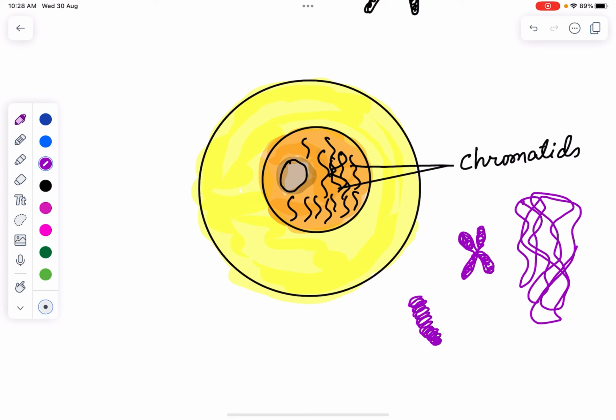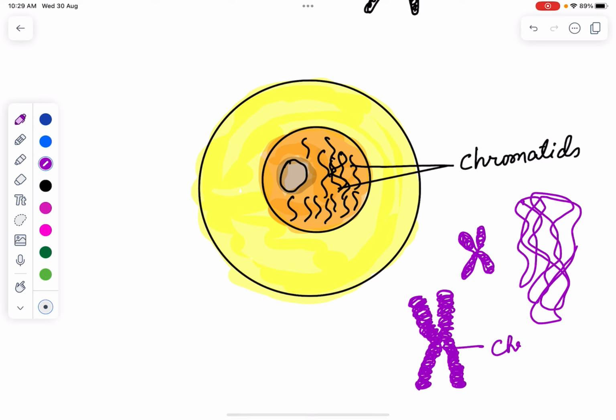It gets coiled together and forms a chromosome, and we can see this kind of structure only during cell division, so that it becomes easier to divide these chromosomes into two daughter cells. So we are familiar with this kind of structure. This is the structure of chromosome.